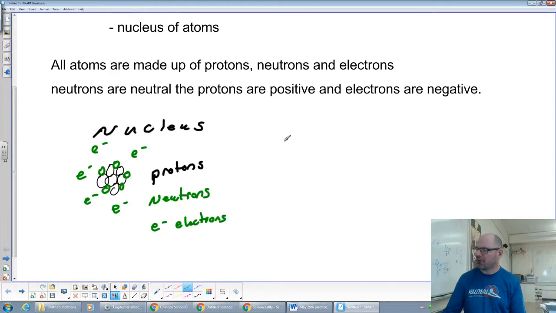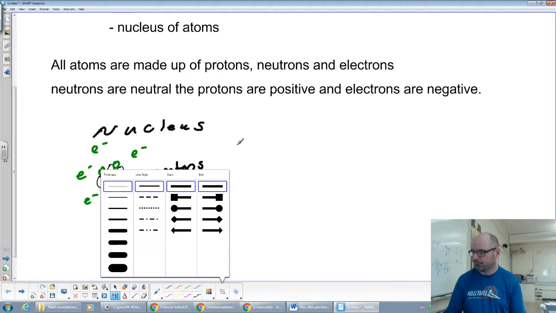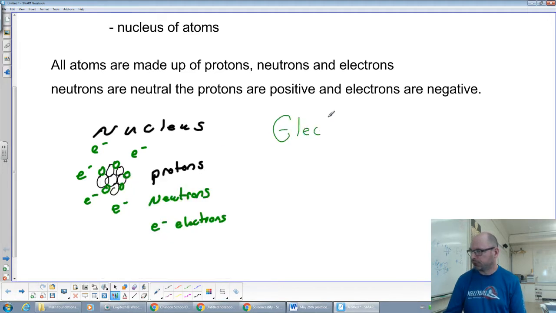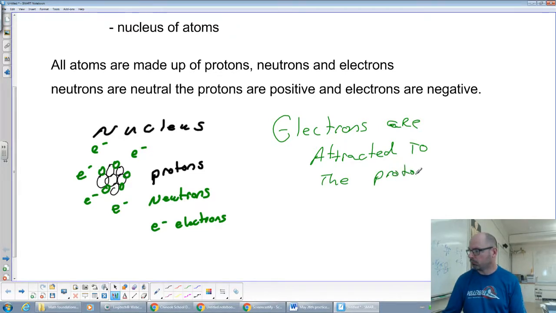So it makes sense to us that the electrons are held in place, or are attracted to the protons in the nucleus, by electromagnetic force.